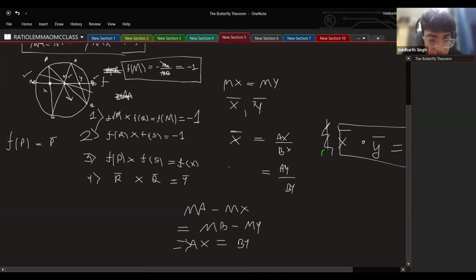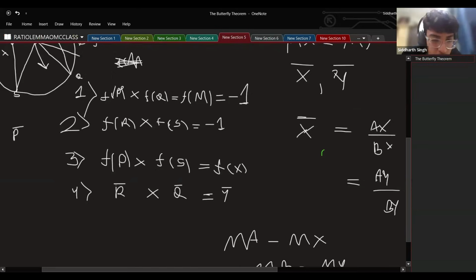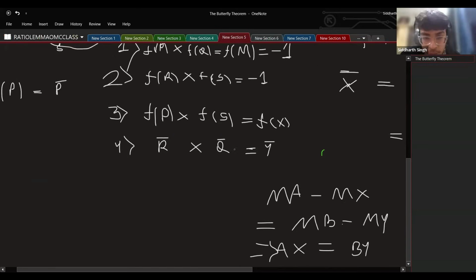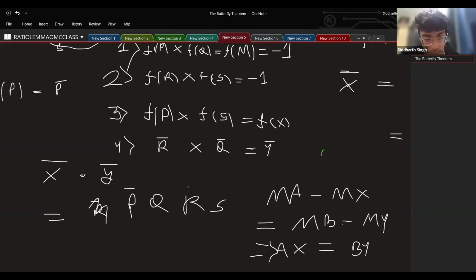But now coming back to our relations, when we multiply these two, we have x bar into y bar is equal to r bar and so on, the functions related to pqrs.